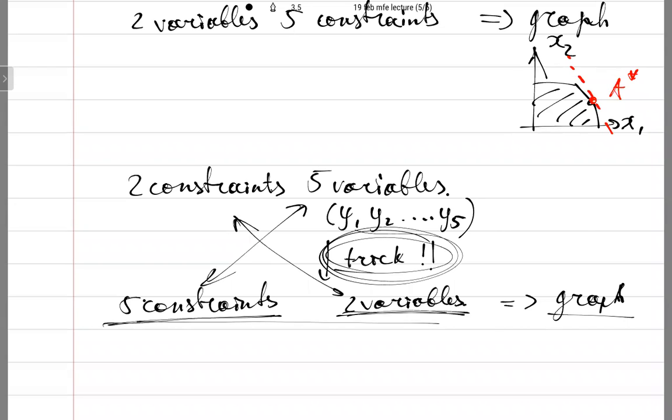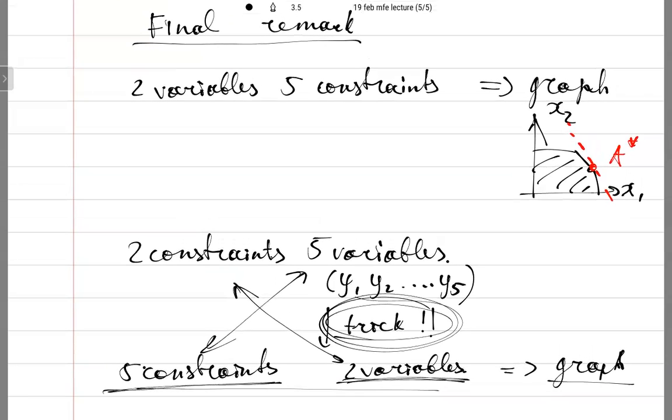That trick may be used to solve new problems graphically. That's the final idea of the lecture: we have a trick to switch the number of constraints and the number of variables. It's always possible in a linear case, and the non-linear case may be approximated. Obviously, it's done with computers, not by hand.